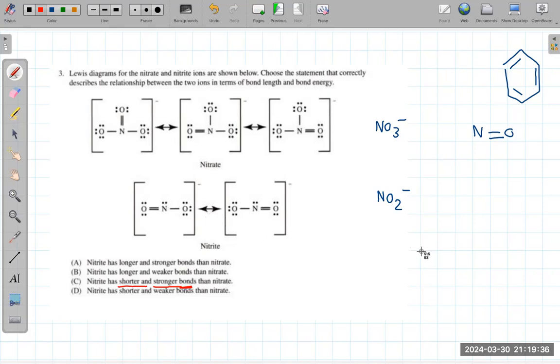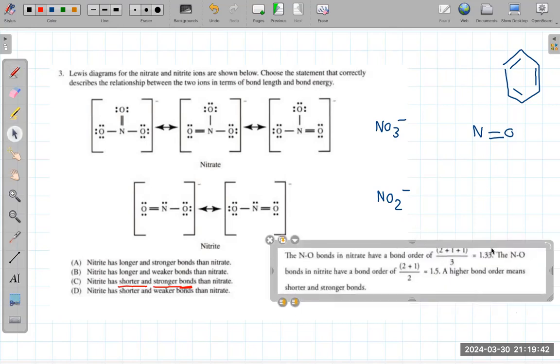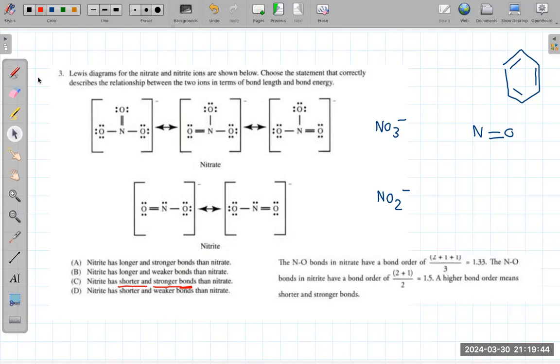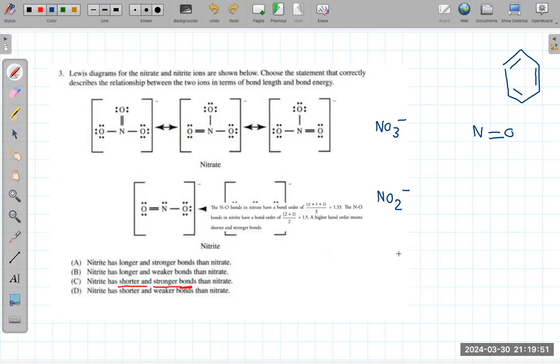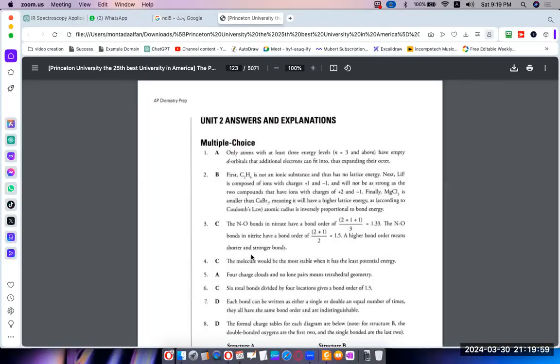Let's see the bond order as he calculated. He said that the NO bonds in nitrate have a bond order of... I didn't copy the whole of it. Let me try to make another file. Oops. Close another window. Share screen again.